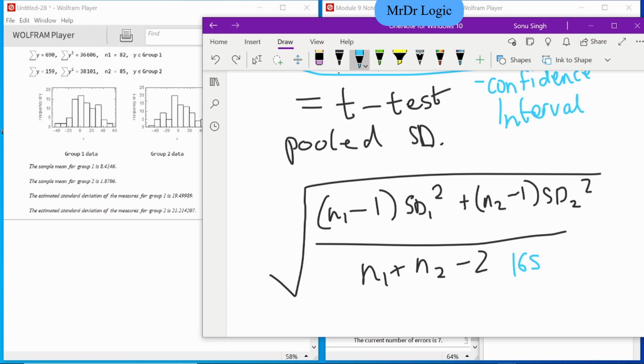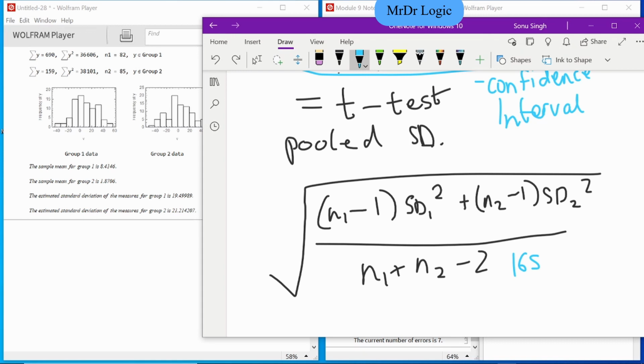$81 times bracket 19.998 squared plus 84 times, what is it?